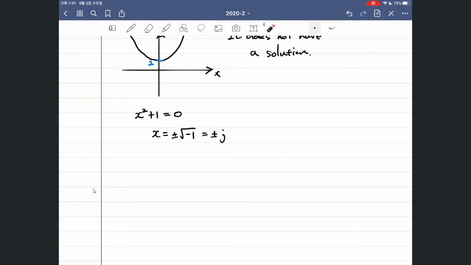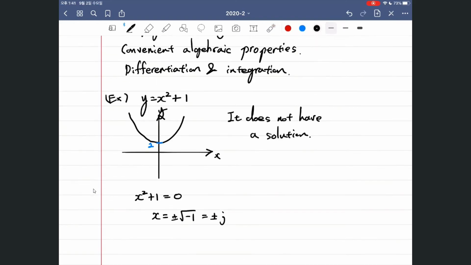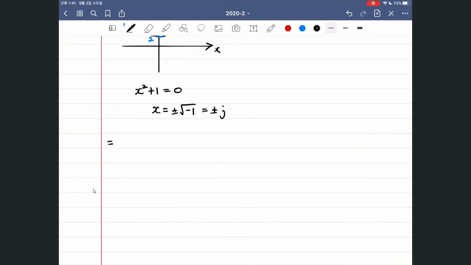And also, one more example. We already talked about e to the j omega t, where we can express this as sine and cosine by Euler's relation.